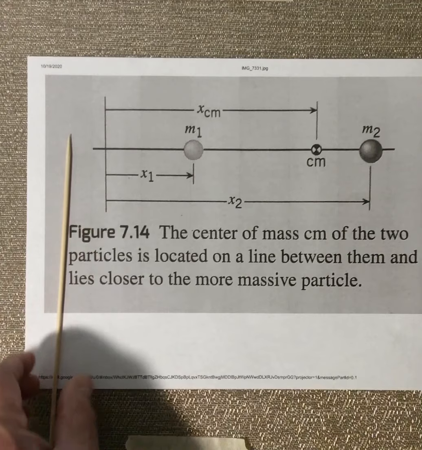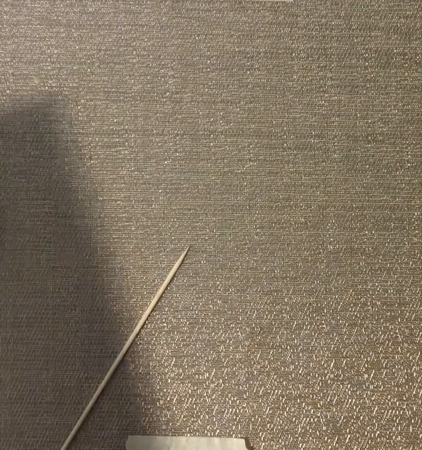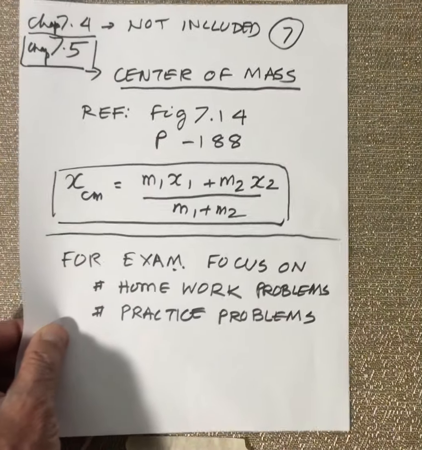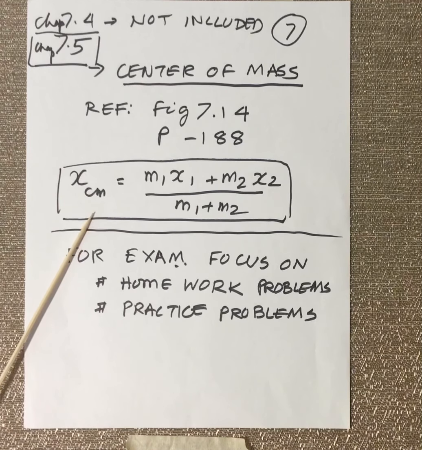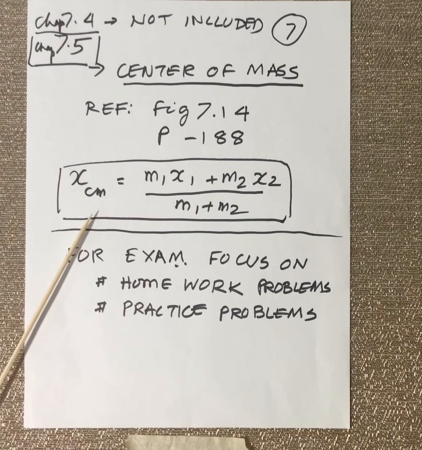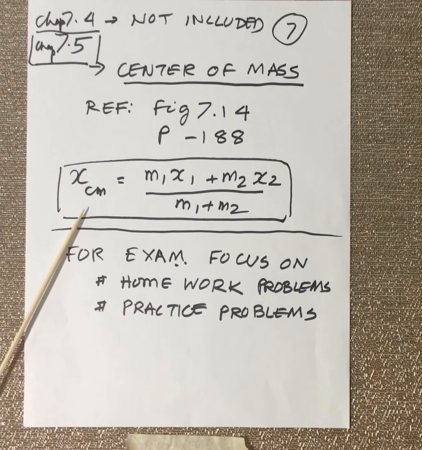Now look at this equation you have, which is a very simple equation, of course. X center of mass equals m1 x1 plus m2 x2 divided by m1 plus m2.